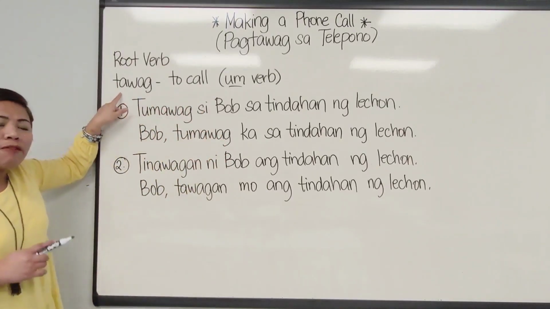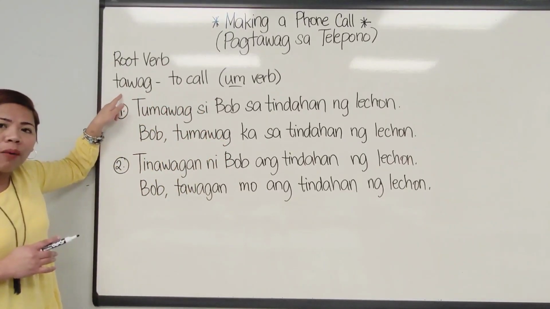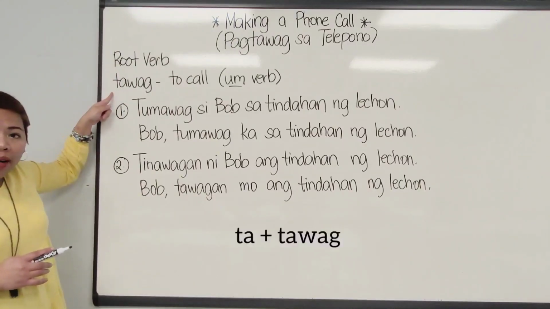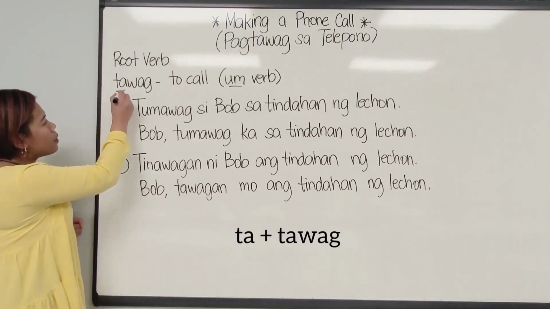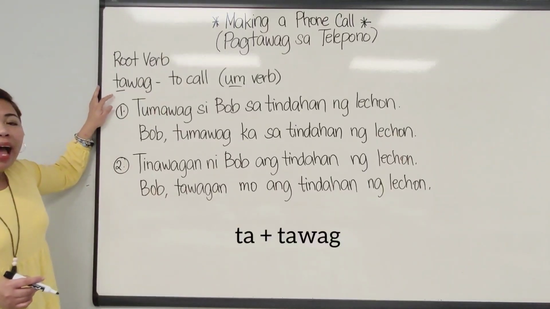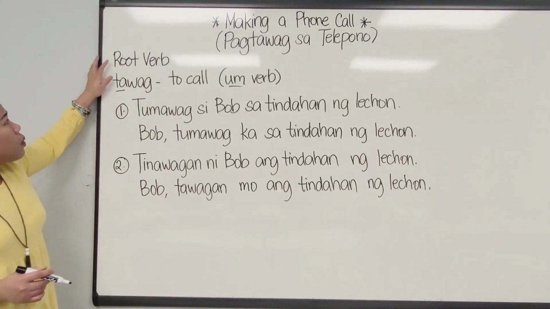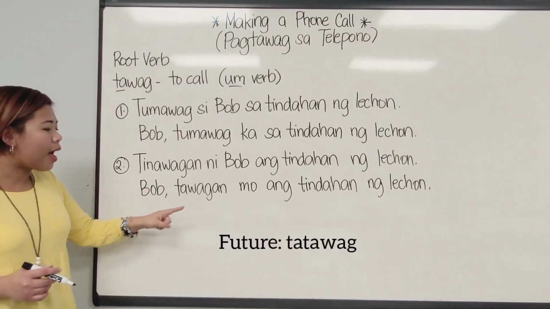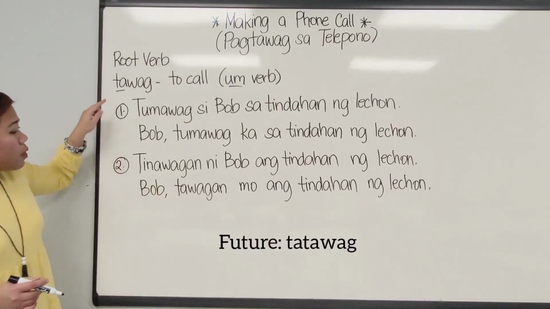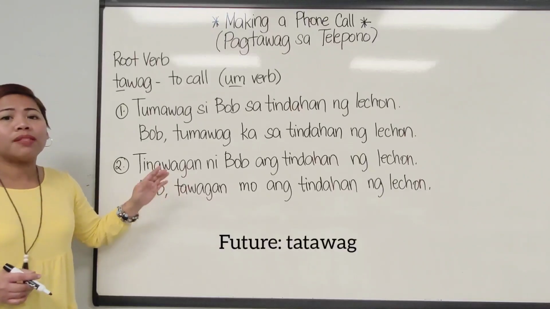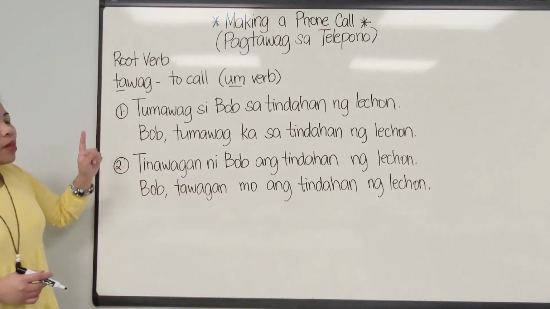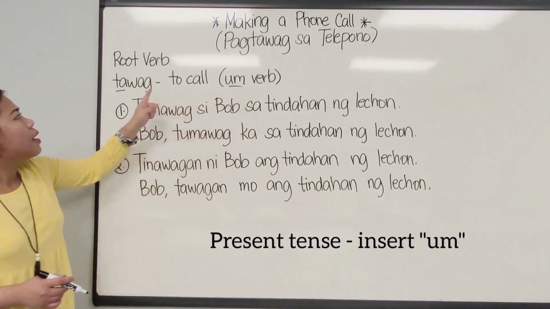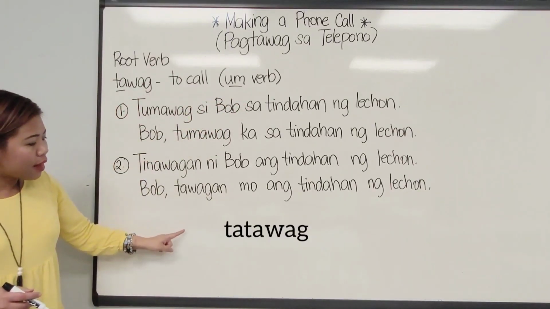So to form the future tense of the verb tawag, we repeat the first syllable of the root verb tawag, which is ta, and then we add it as the prefix. So future tense of the root verb tawag is tatawag. See, we added the first syllable ta. So it becomes tatawag. Now for the present tense, we take the future tense tatawag.